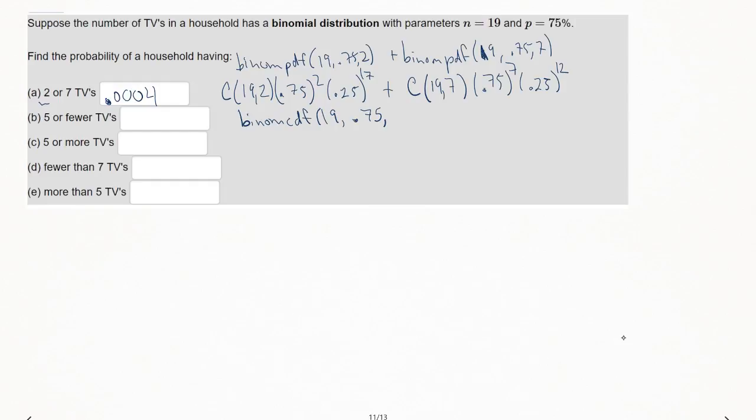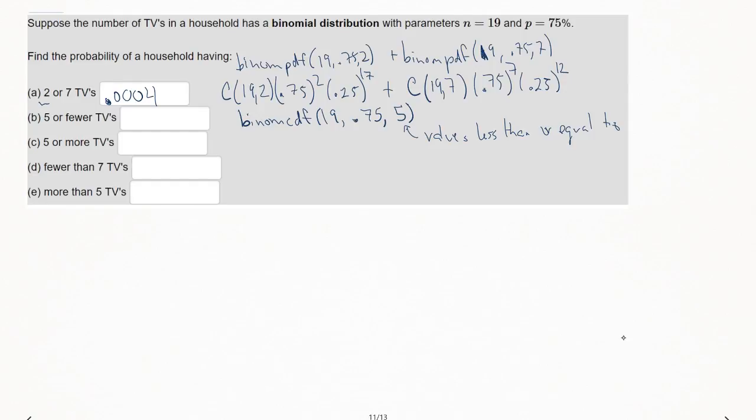So for 5 or fewer, we just put 5 there. Remember, this is binom CDF, not PDF. Questions on that? I know that can be tricky for a lot of people, especially with all the different commands.